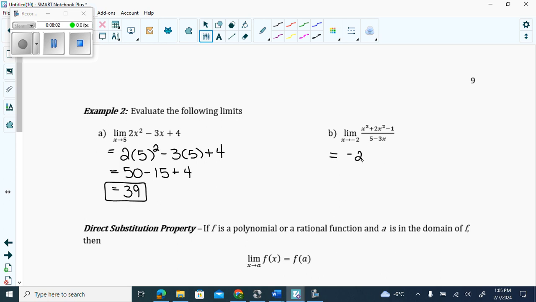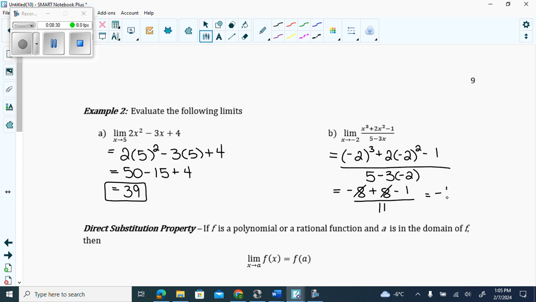I get negative 2 cubed plus 2 times negative 2 squared minus 1, all over 5 minus 3 times negative 2. And so I get negative 8 plus 8 minus 1 all over 5 plus 6, which is 11. So I get negative 1 over 11.